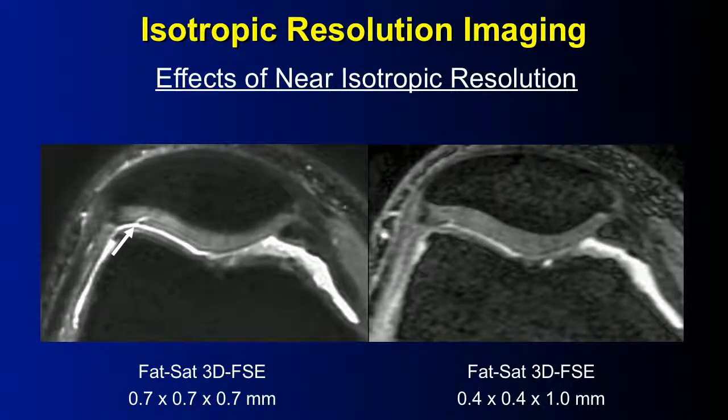So with our 2D fast spin echo, I think we probably just don't know what we're missing in terms of the through slice averaging when we look at our images.